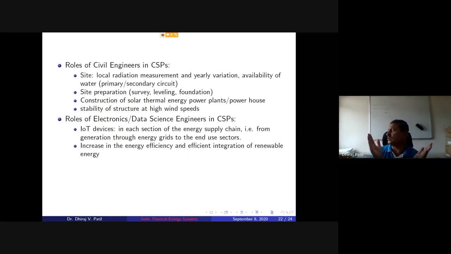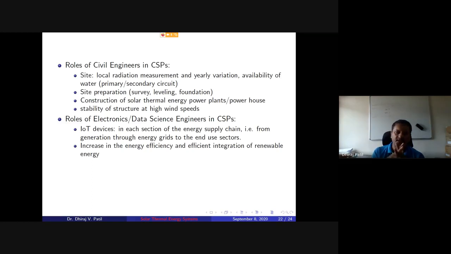So I can create a dashboard of, say, Karnataka, where I would say, okay, this is what I have. Nowadays we don't have blackouts. Earlier we used to have blackouts, but nowadays fewer blackouts. But still, you can optimize your supply and demand for energy, so that you get energy efficiency, and you can integrate these renewable energy sources very efficiently.